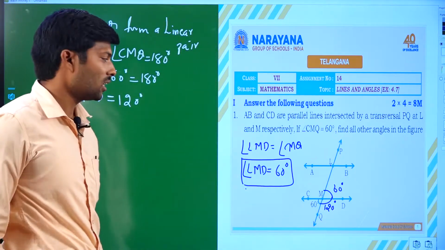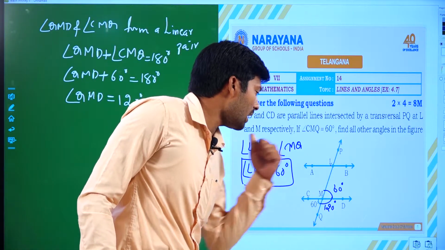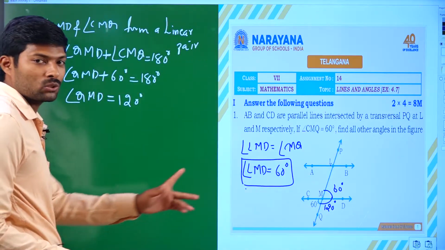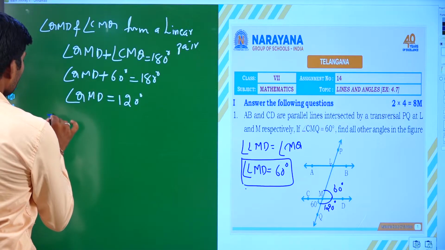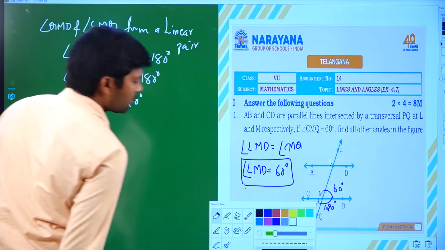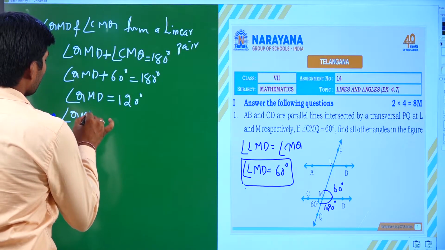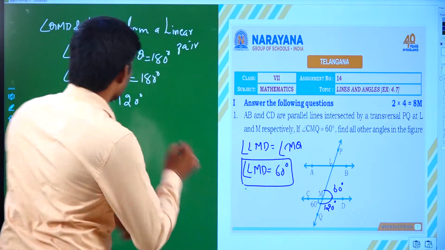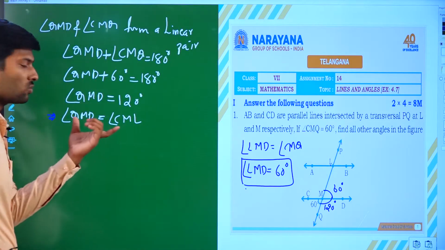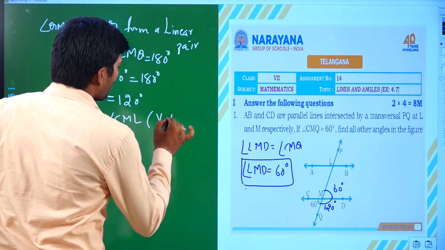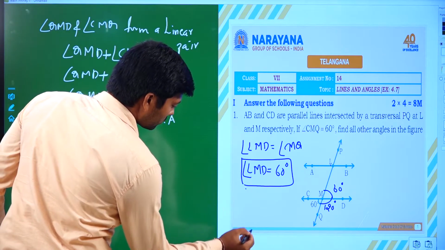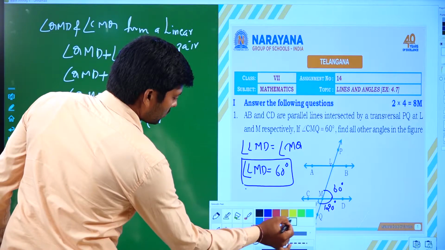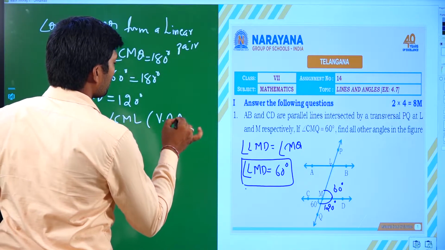So we completed two angles. Let's go for angle CML. Angle CML and angle QMD are both vertically opposite angles, so those two are equal. That is, angle QMD is equal to angle CML, because vertically opposite angles are equal.